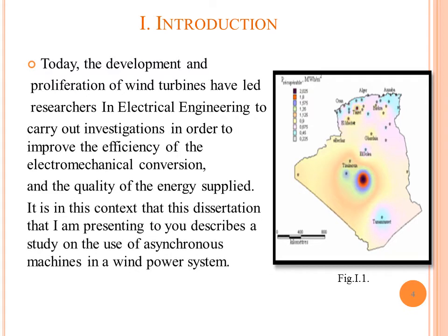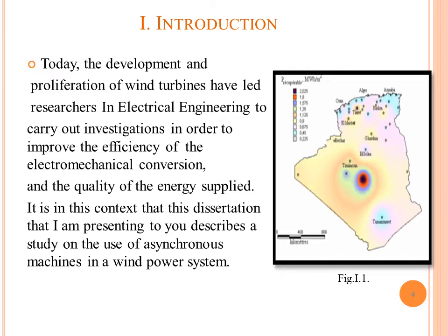1. Introduction. Today, the development and proliferation of wind turbines have led research in electrical engineering to carry out investigation in order to improve the efficiency of the electromechanical conversion and the quality of the energy supplied. It is in this context that this dissertation describes a study on the use of asynchronous machine in a wind power system.